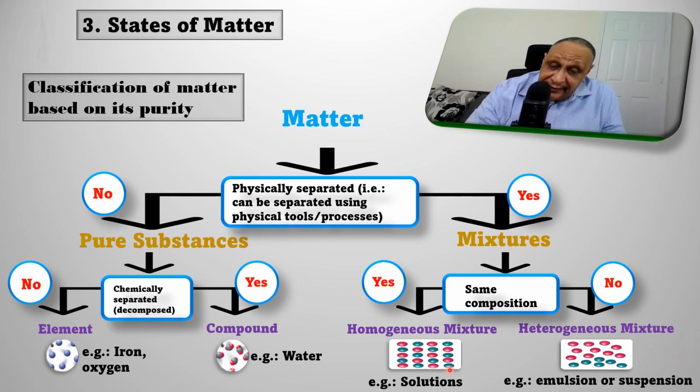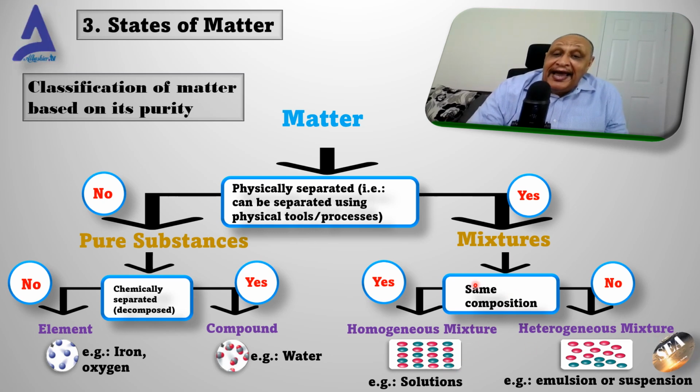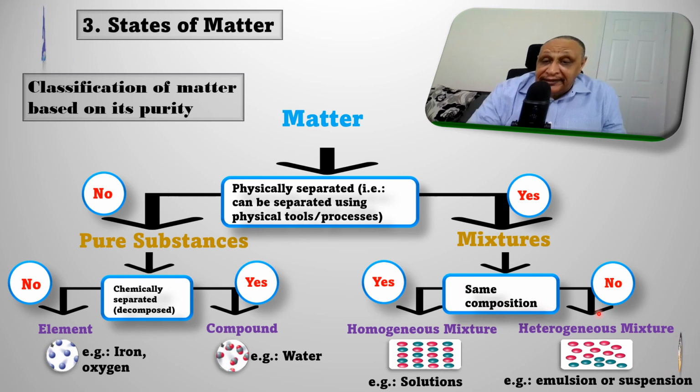Every time I take a sample, I may have a ratio which may be different, but the same components are there. But if they are not the same in composition, that means if I took samples from here or here or here, they are going to be different. The percentage may not be the same. I may lose one of the constituents.